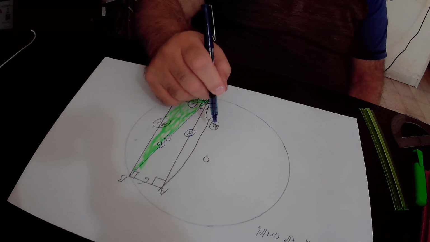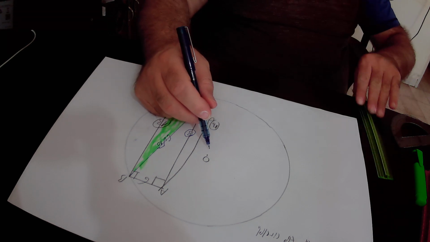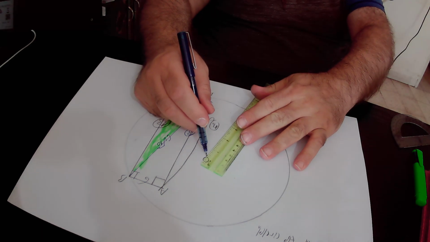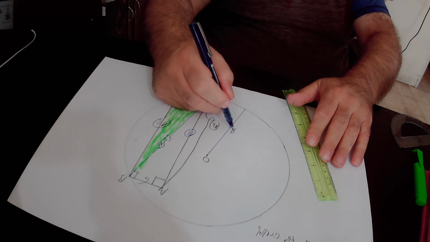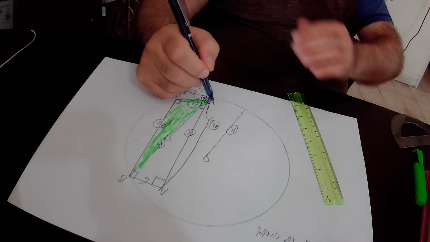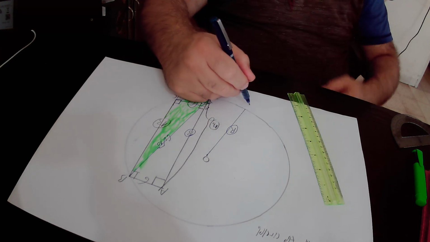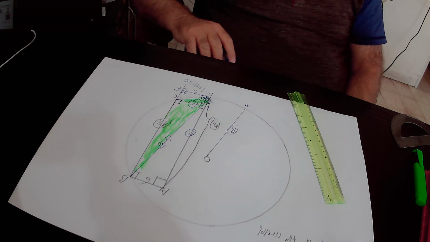We'll define the radius of this circle as capital R. Here OM equals capital R.